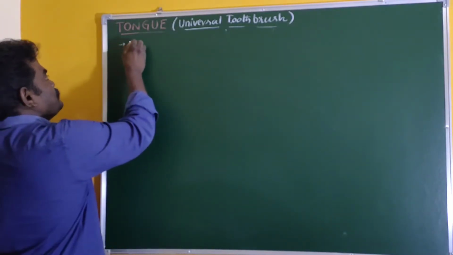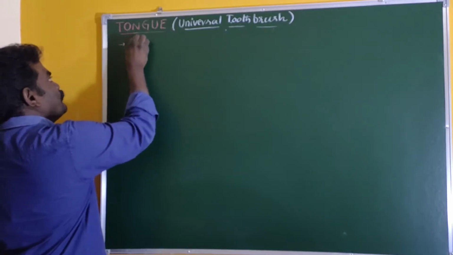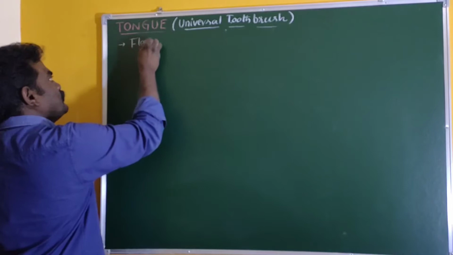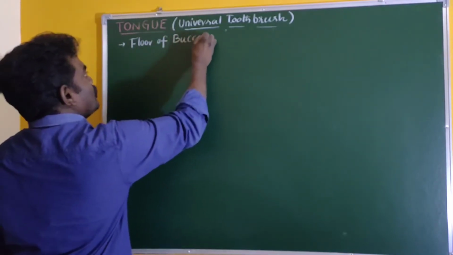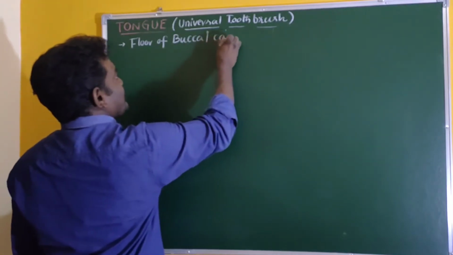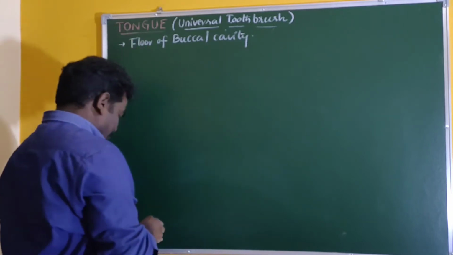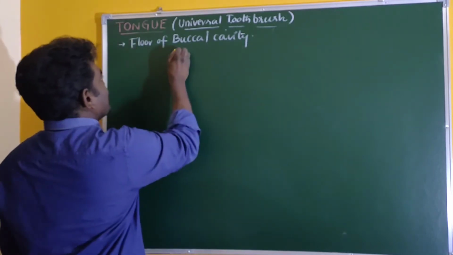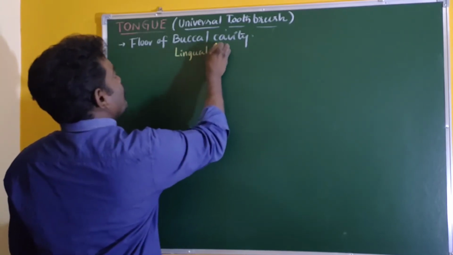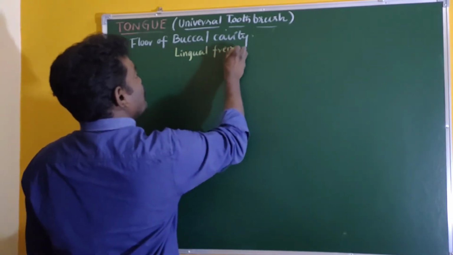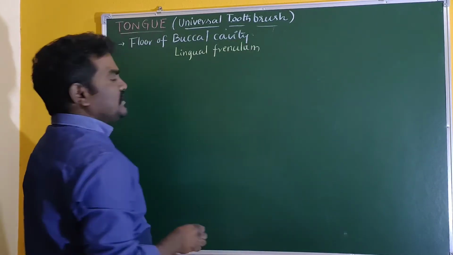First of all, the tongue attaches to the floor of the buccal cavity with the help of a structure known as the lingual frenulum.